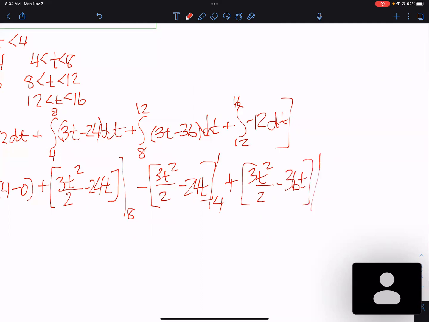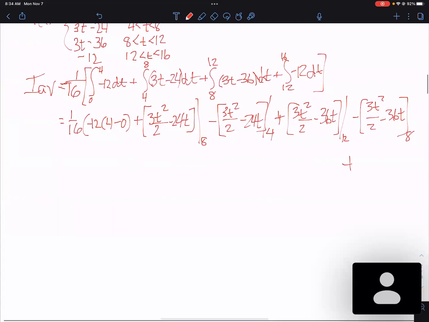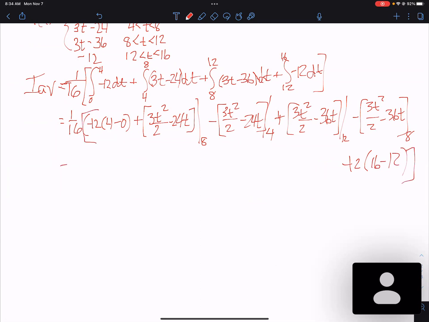And then again, evaluate it at 12 and then at 8. And then minus 12 from 12 to 16. Okay, and then that ends up being minus 9.